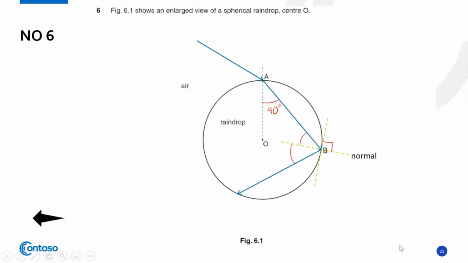Now we will draw another tangent at this point, where this line meets this side of the spherical raindrop. This is the tangent. Then draw the normal, which must form a 90 degrees angle with the tangent. This one. The ray is partially refracted and emerges at this side of the spherical raindrop.